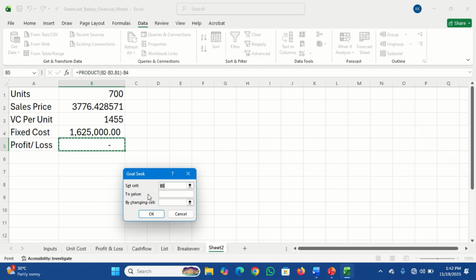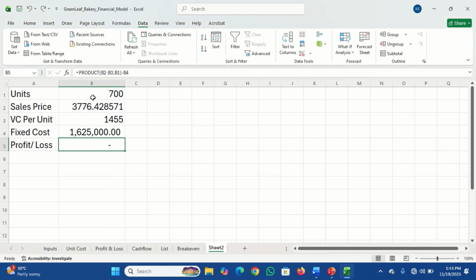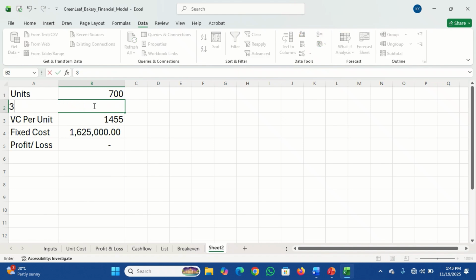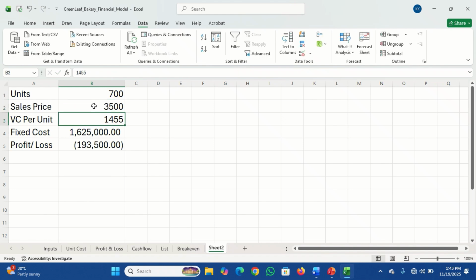So we are going to set this cell at 350,000 naira per month by changing this cell. But here, let me first change this back to 3,500. So this is the price we want to be selling.